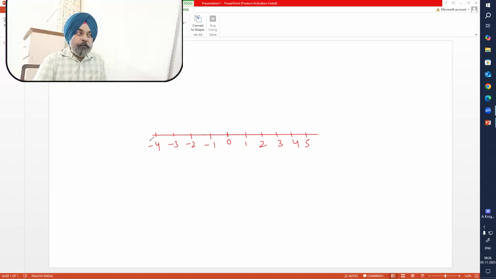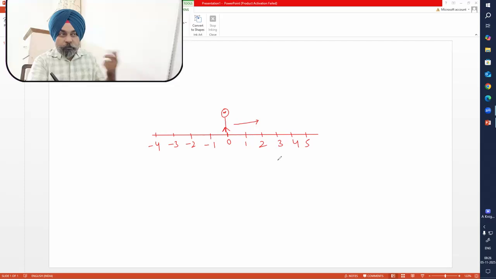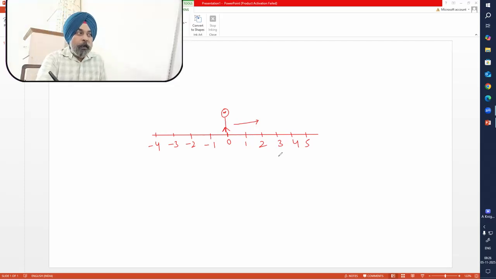So if you look at this, if you move from this point and go towards this side, then your distance will be taken as 4 from the reference point. And even if you move towards the back side, or you can say the left side, will your distance be negative or positive?